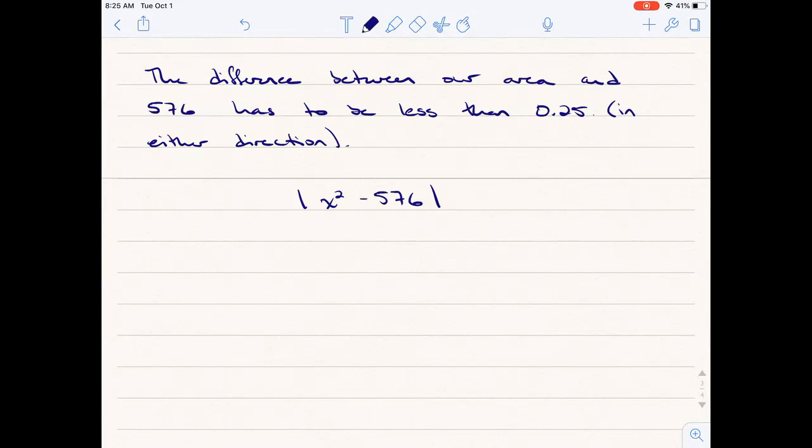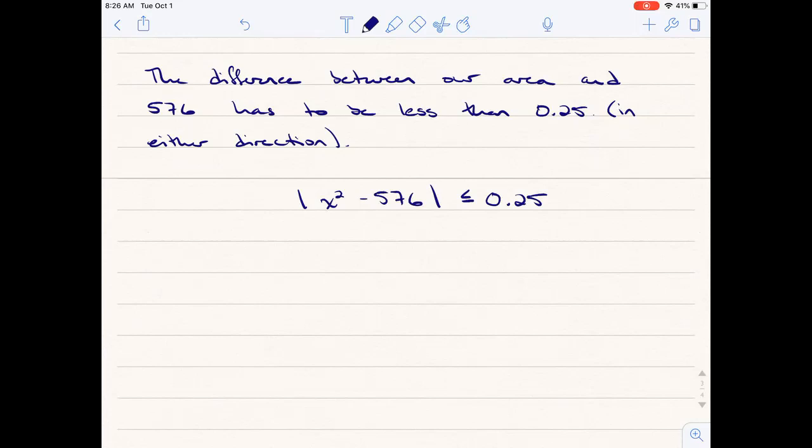That's the difference between our area and 576, and we want to force it to be less than or equal to 0.25, because regardless of which direction we're going, it has to be less than 0.25.